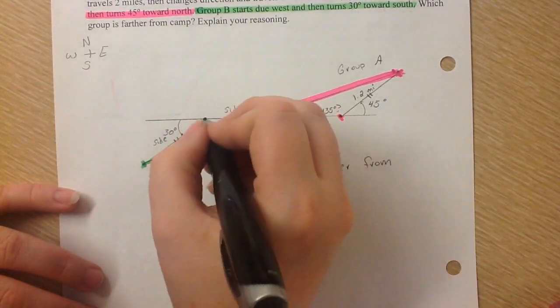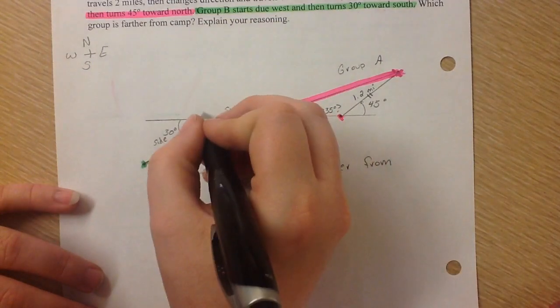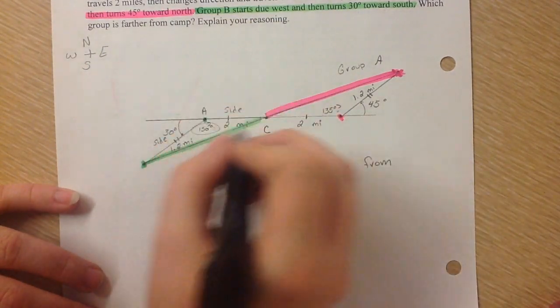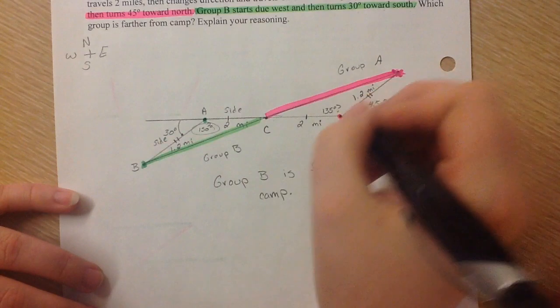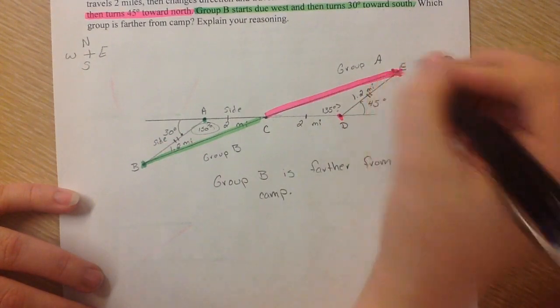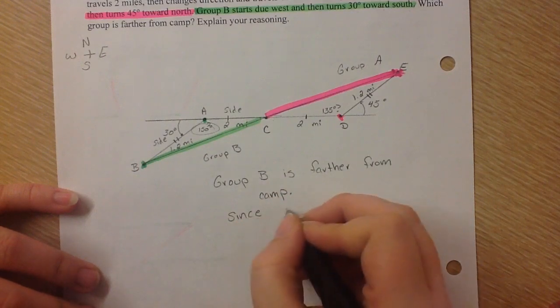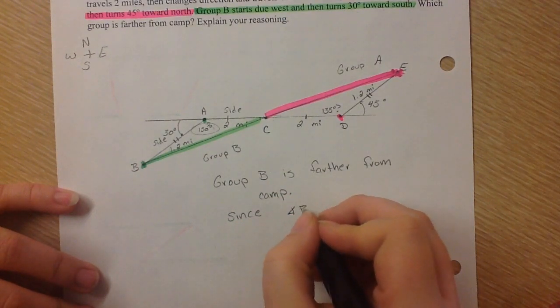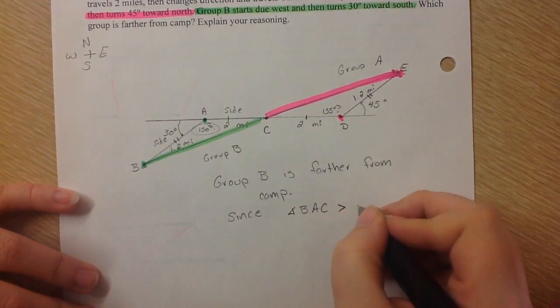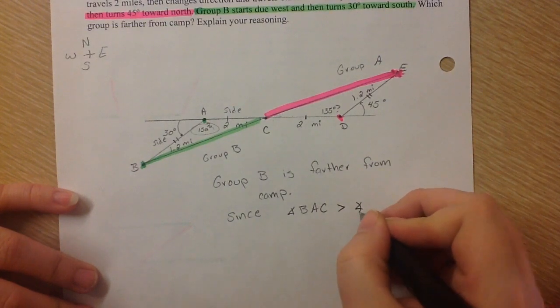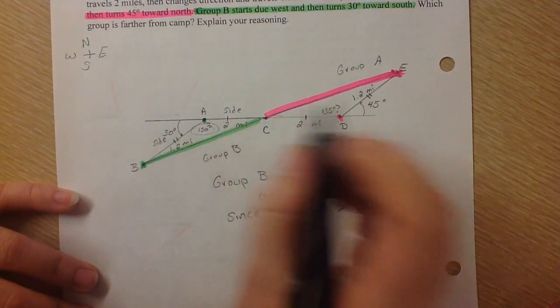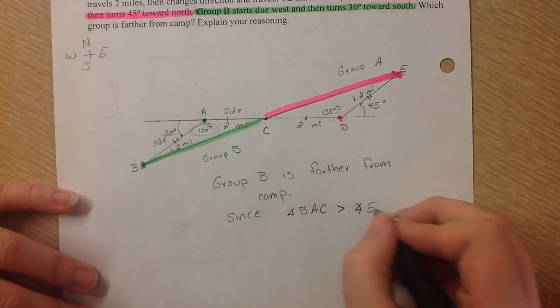Okay, and here, this is point C. Let's give these some values: A, B, C, D, E. Okay, and how do we know that? Well, we know that angle BAC is greater than angle EDC.